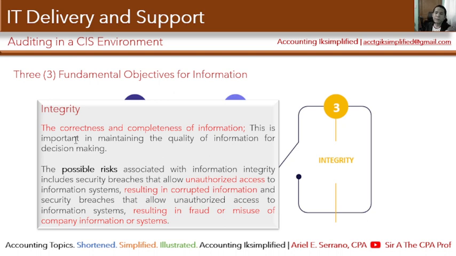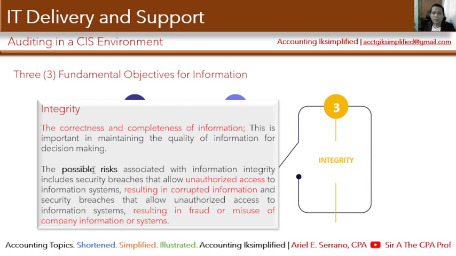Kasi syempre, yung mga decision makers, they will rely on the information that are being provided to them. Now, if the information is coming from an information system, tapos mayroong issue on data integrity, which affects the extraction, the generation of information, malaking bagay yan.